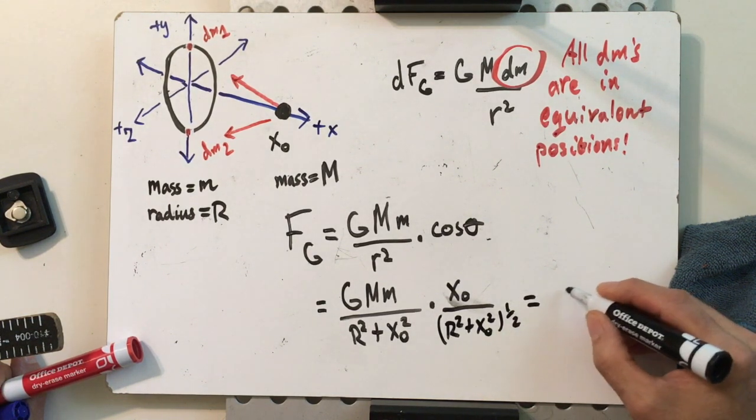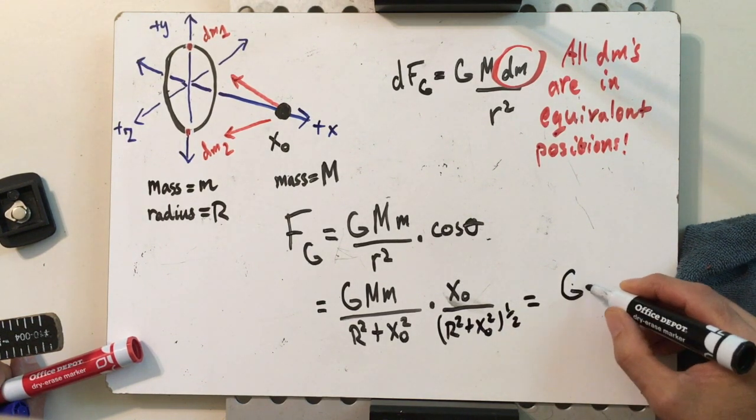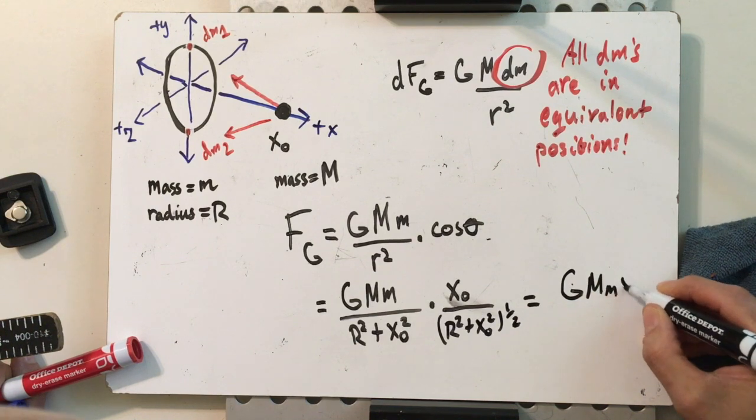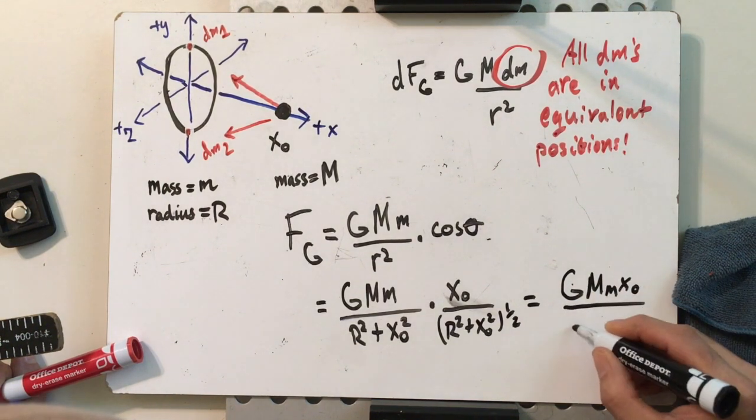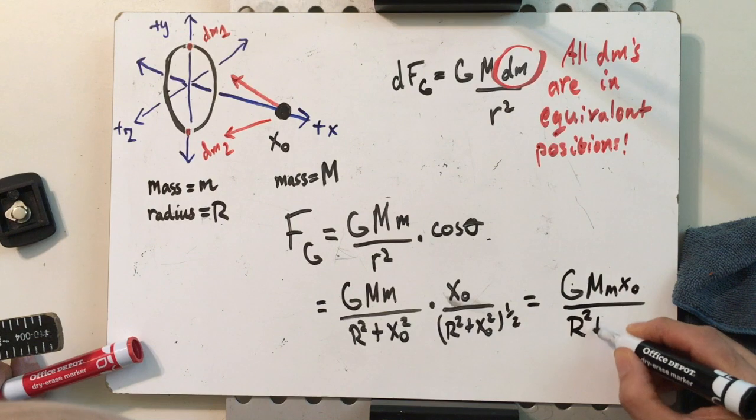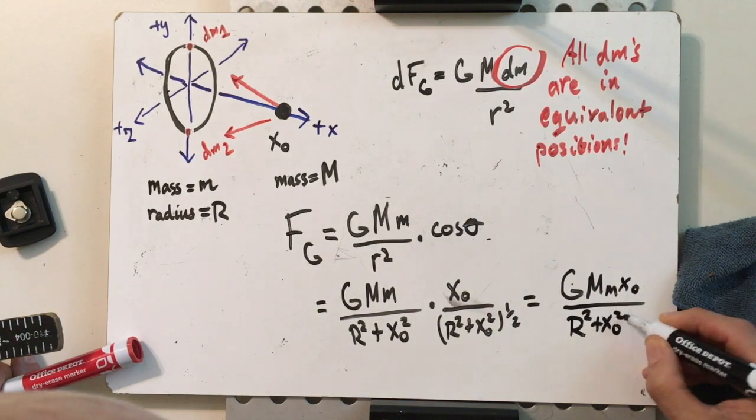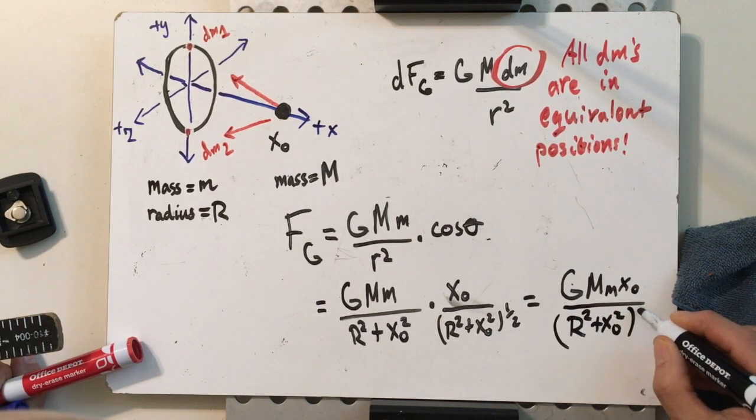So there you have it: G M m x naught over r squared plus x naught squared to the 3/2 power.